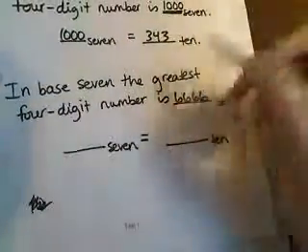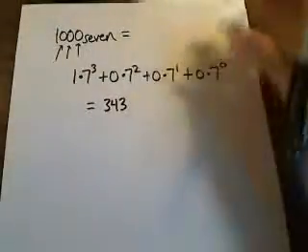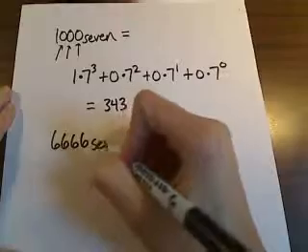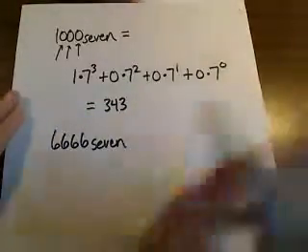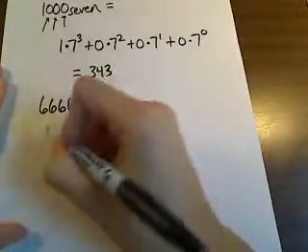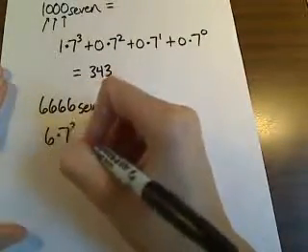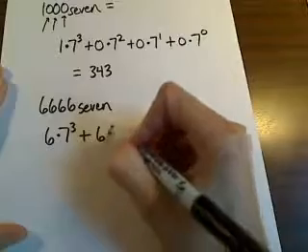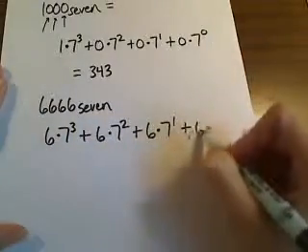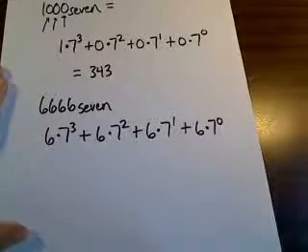Okay, and then they also want us to convert 6666 base 7. Again, if we write this out in expanded form, this is 6 times 7 to the 3rd, 6 times 7 to the 2nd, 6 times 7 to the 1st, and 6 times 7 to the 0.